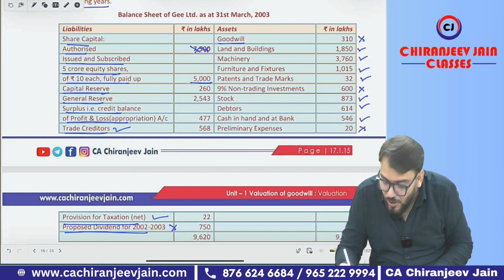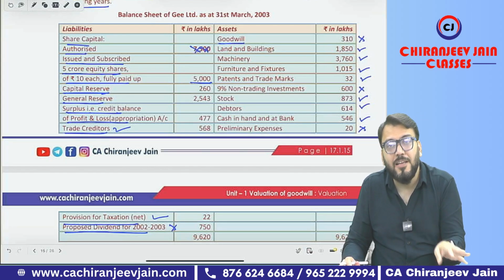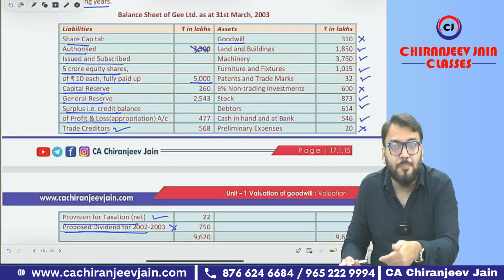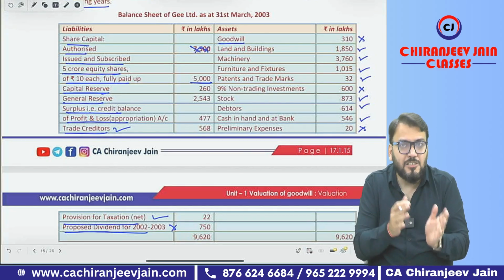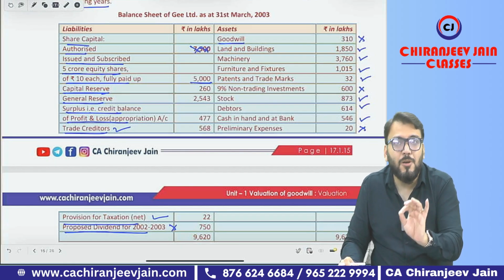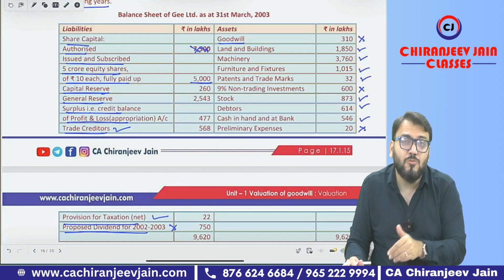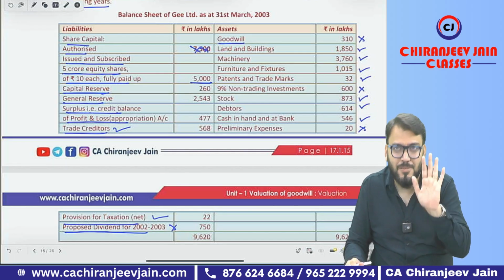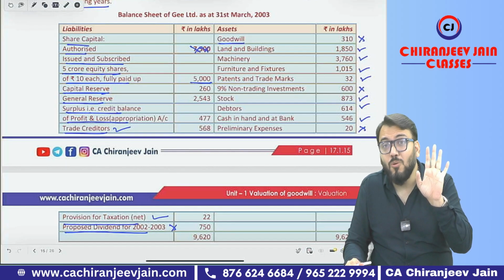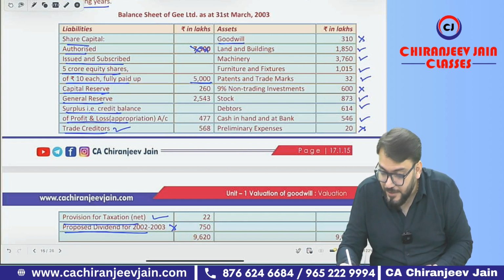As a rule, AS 26 as well as Ind AS 38 say that this type of expense should be charged to the P&L account immediately. This is a very old question, so in your questions now you will not get preliminary expenses. But if it is coming, it is not an asset.